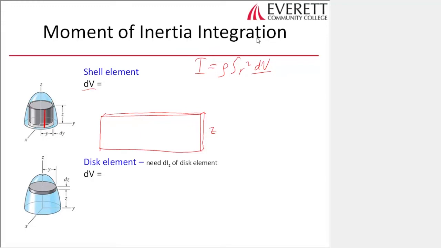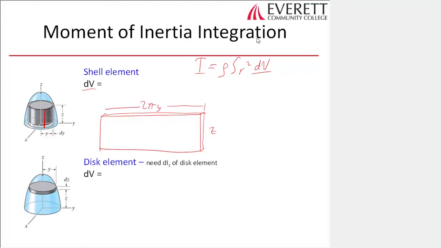And I just cut it and went like this. So the width of it is actually going to be the circumference of that circle, which is calculated with what? 2 pi r. What is r in this case? The radius of the circle would be y, right? 2 pi times y would be our width.